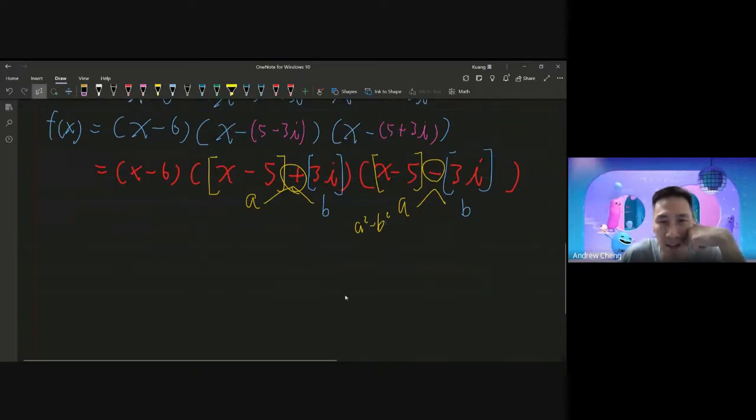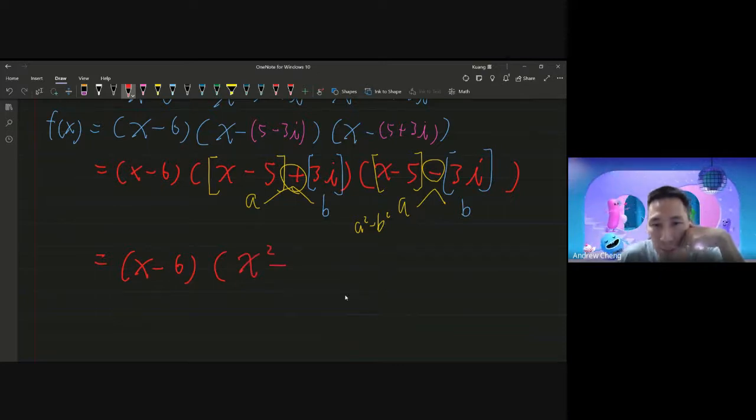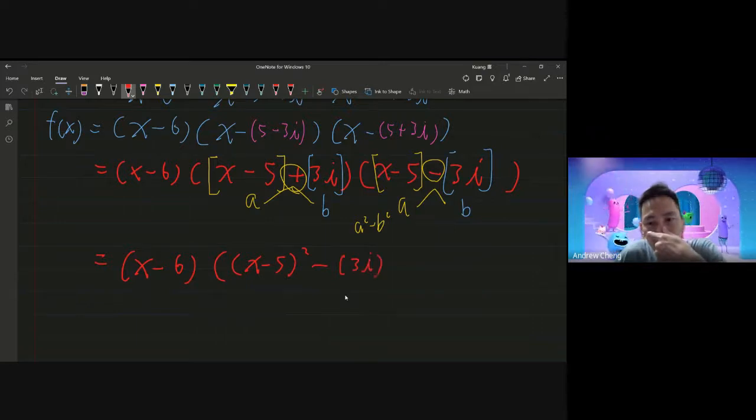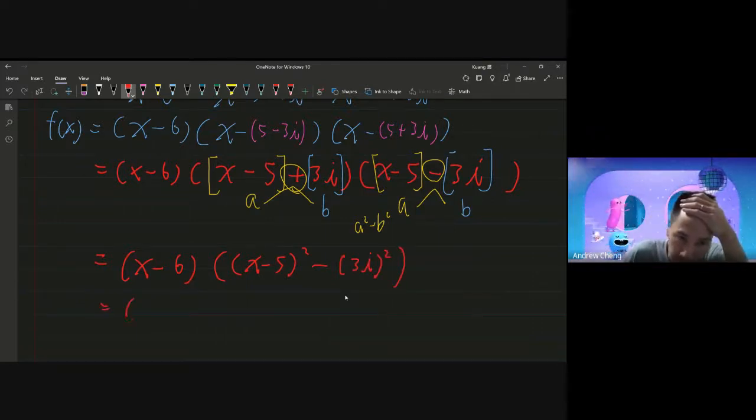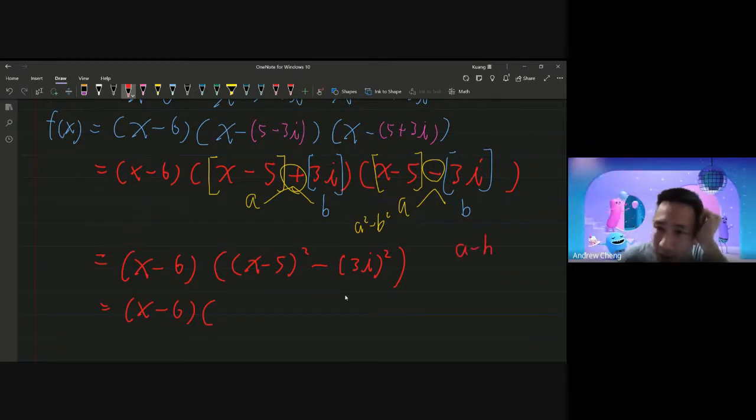My a is x minus 5, b is 3i. So that equals x minus 6 times a squared minus b squared. A is x minus 5, so x minus 5 squared minus 3i squared. You have to remember this: a minus b squared is a squared minus 2ab plus b squared.